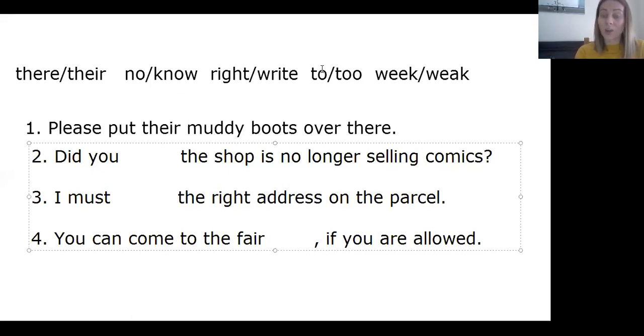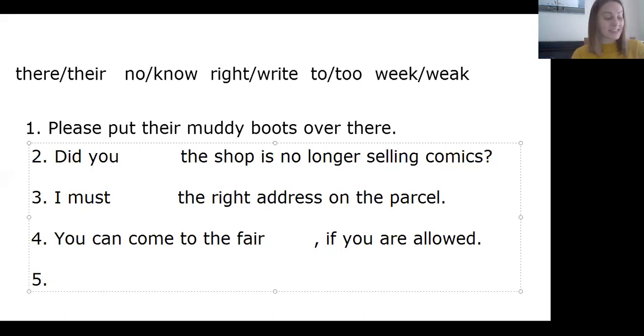Can you check which one it is that's in our sentence? What I would be doing is crossing off the ones that we've already done. Okay, so the clue is in the sentence. You can come to the fair if you are allowed. Pause the video now and write down your sentence for me.